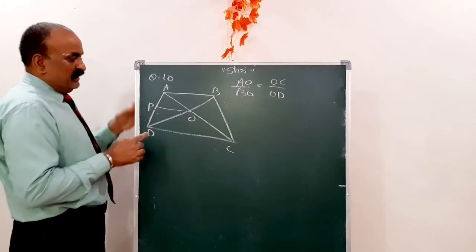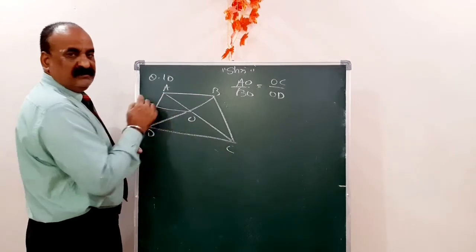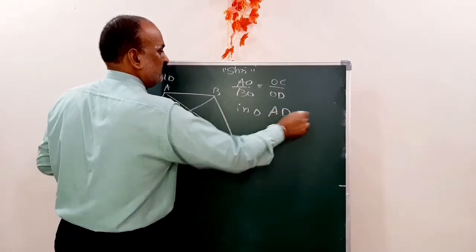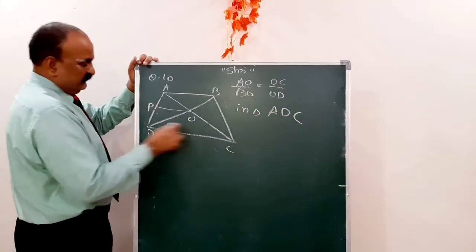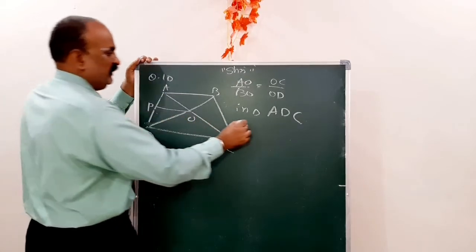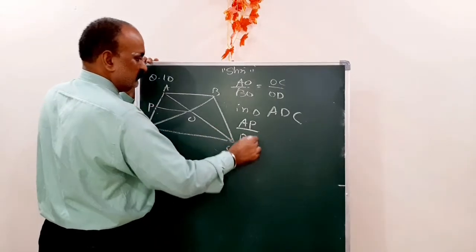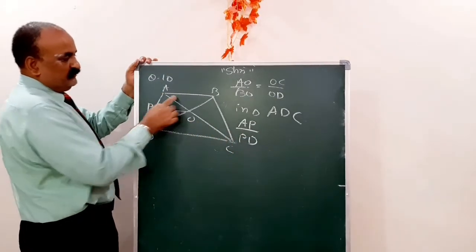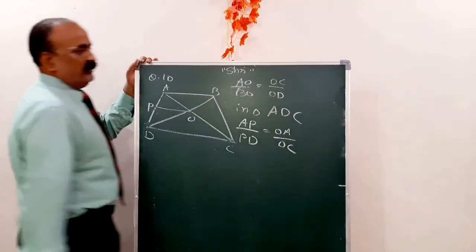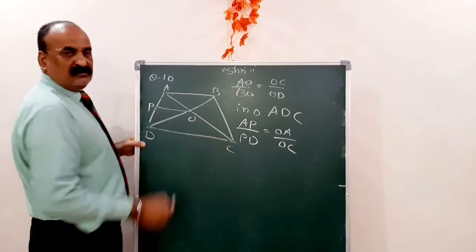Now apply the Thales theorem in triangle ADC. In triangle ADC, let us see, AP upon PD is equal to OA upon OC.